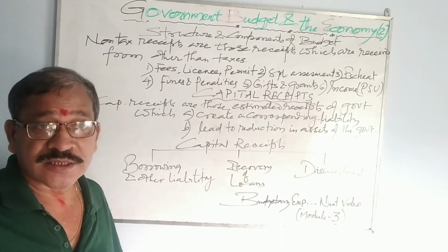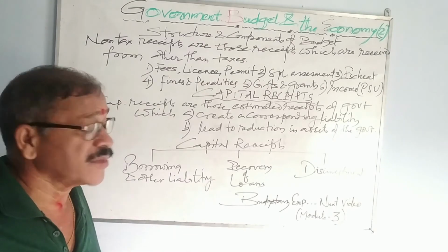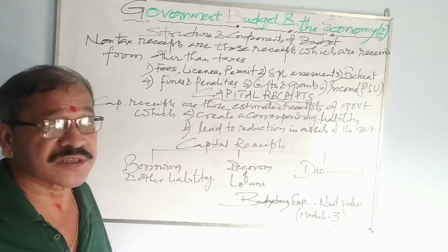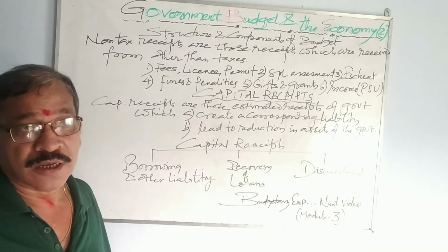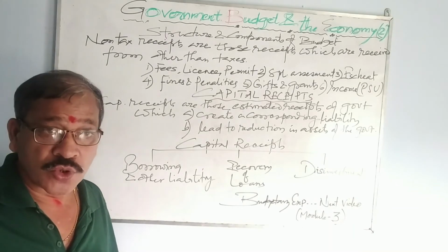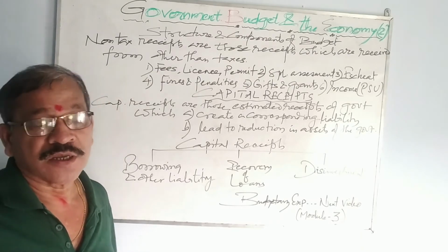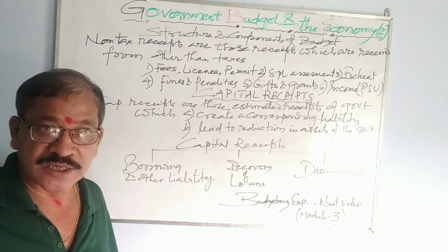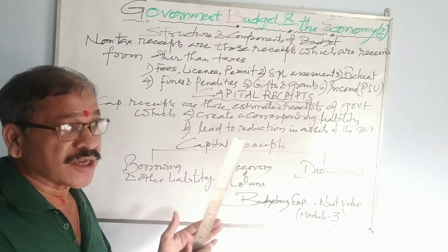Then non-tax receipts: fees, permits, special assessment, escheat, fines, penalties, gifts, grants, income from PSUs, all of which come under the government treasury. So this is all about the revenue of the government, that is, the budgetary receipts of the government.